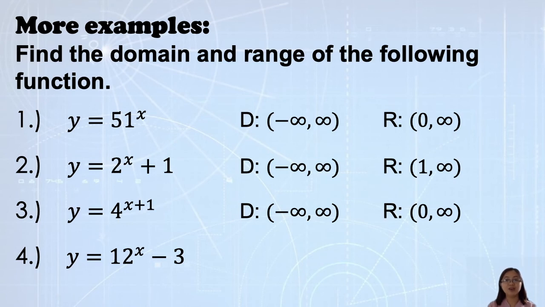And for the range, 0, comma, positive infinity. Last one. We have y = 12^x - 3. Take a look at the c, the constant term. So we have the domain is still all real numbers, while the range is from negative 3, comma, positive infinity.